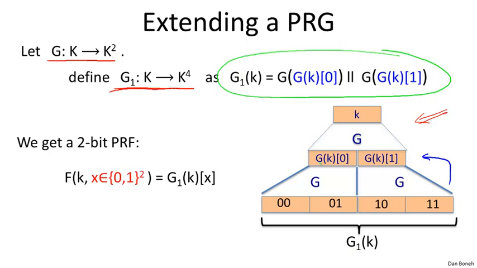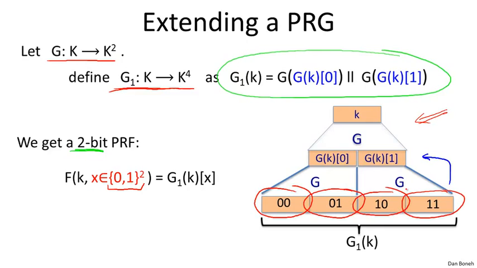Now that we have a generator from K to the 4th, we actually get a 2-bit PRF. Namely, given 2 bits, 00, 01, 10, or 11, we'll simply output the appropriate block of the output of G1 of k. So now we have a PRF that takes 4 possible inputs as opposed to just 2 possible inputs as before.